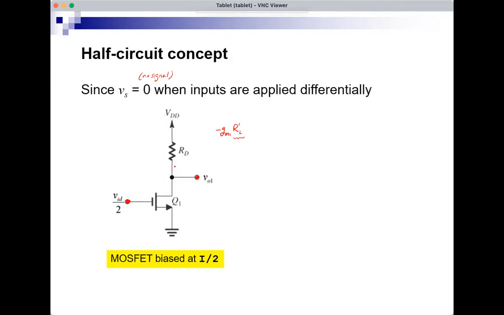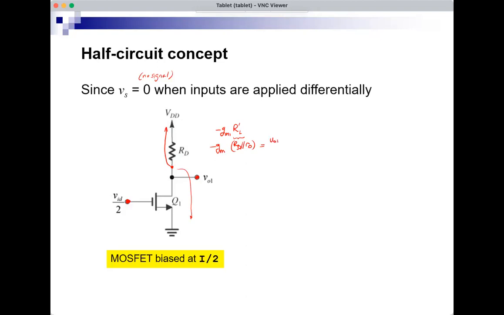It is whatever appears between the drain of the MOSFET and ground. And in this case, it will be RD to signal ground in parallel with ro of the MOSFET. So this will be RD parallel ro. So minus gm1 or just gm, RD parallel ro. And this will be the gain.